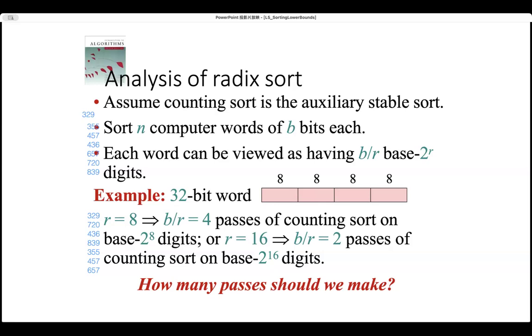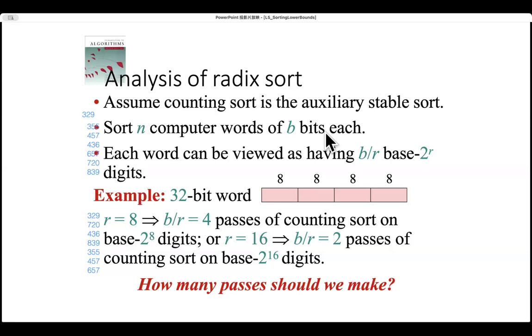Oh, sorry, my bad. Let me make the question clearer. You have n numbers, and for each number, b is 32, so each word is 32 bits.